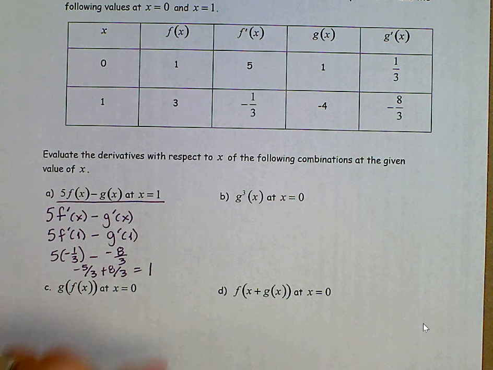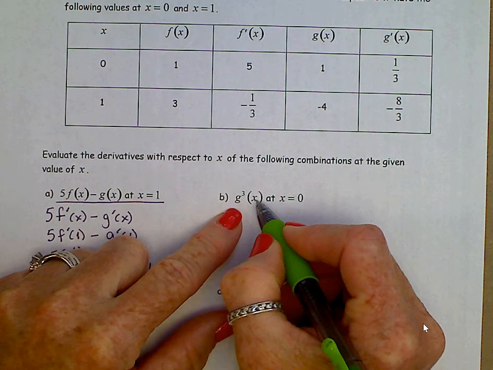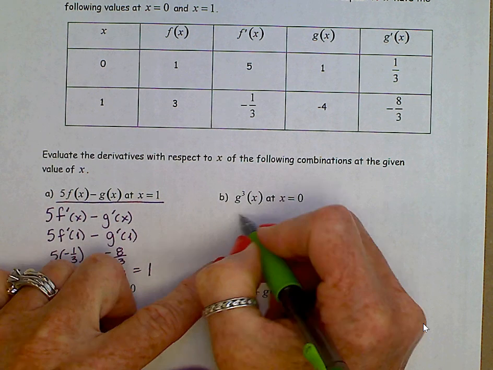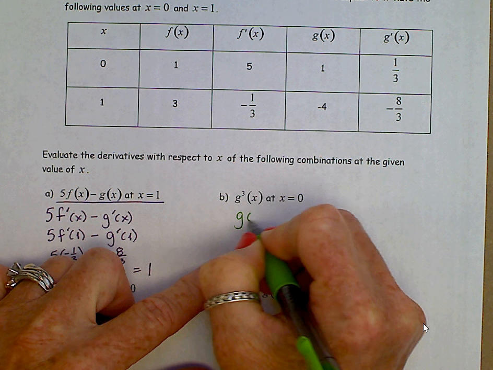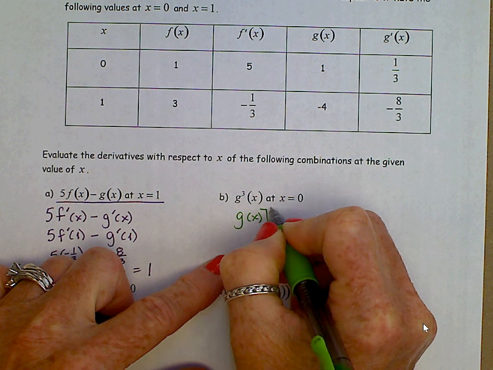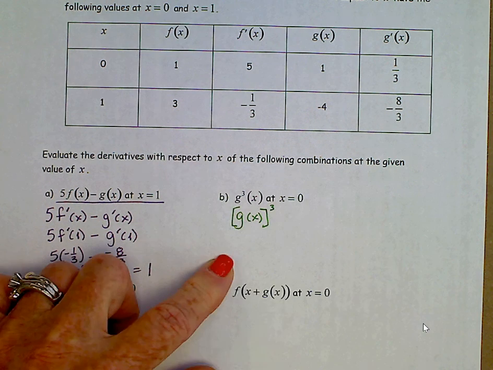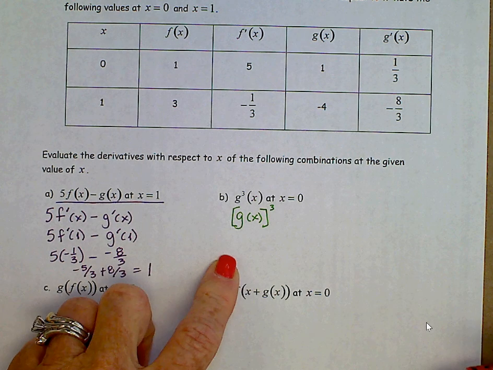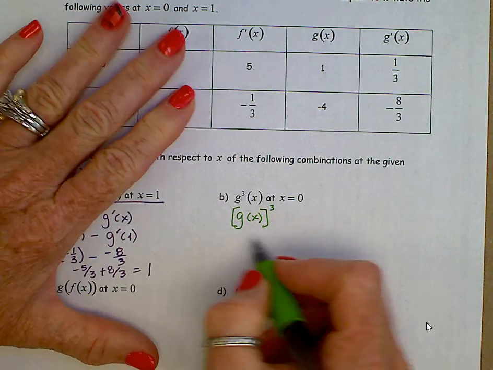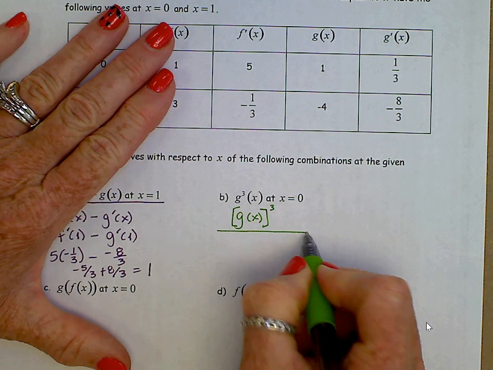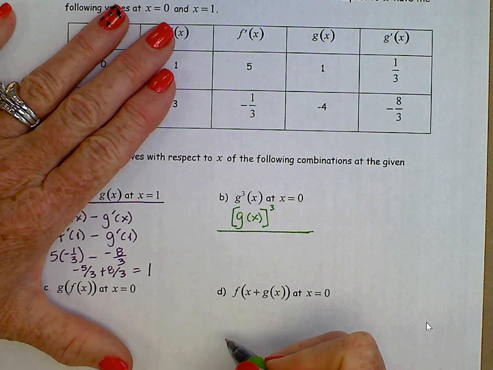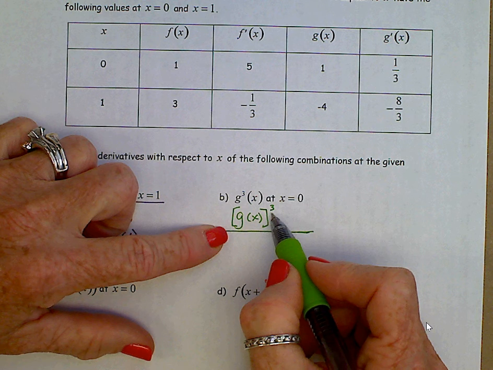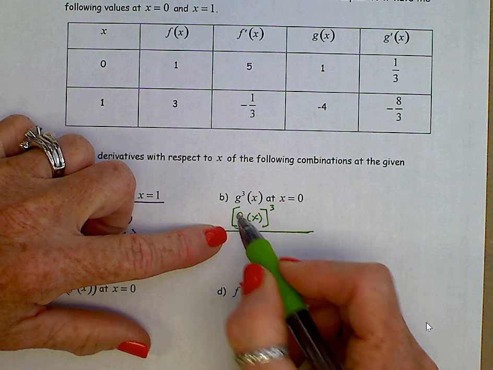Looking at this next one, g cubed of x, that's g of x quantity cubed. It's kind of like sine squared from pre-calc. When we do this derivative now, and again I'm separating function from its derivative, outside most is this cubic, so we'll do that derivative first.